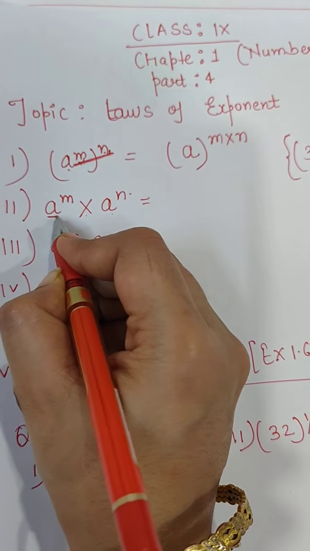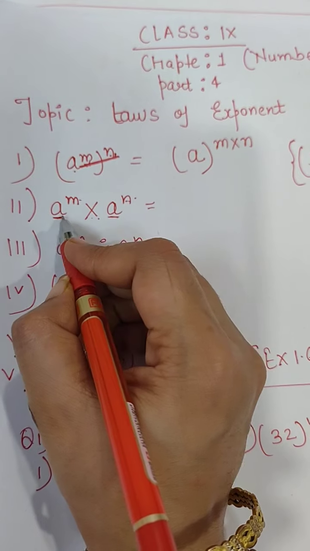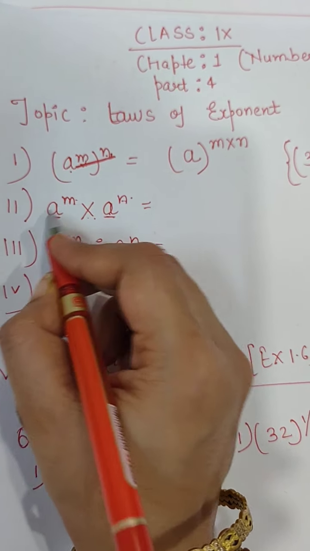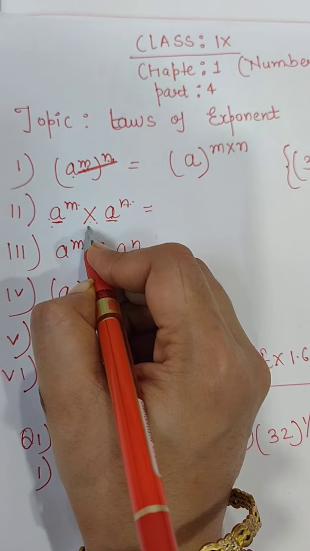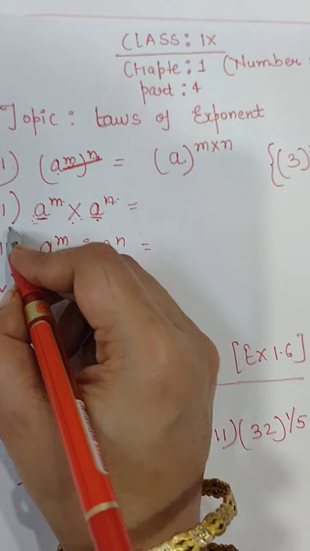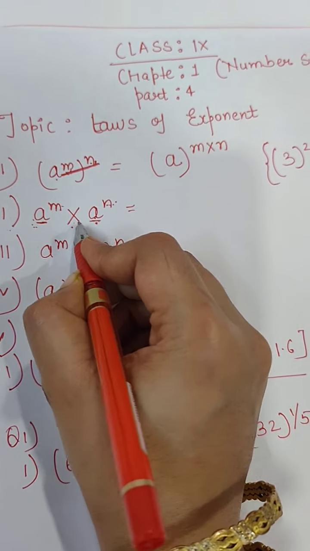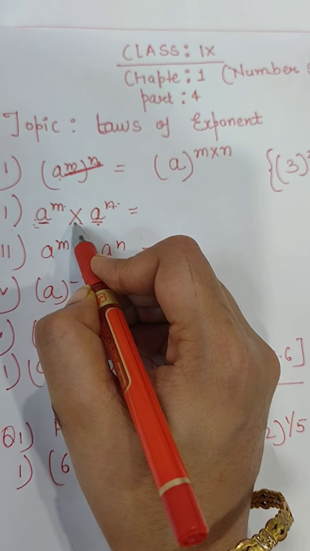Now the second law is a raised to the power m multiplied by a raised to the power n. Here a is the base and m, n are the exponents. When in two terms the bases are same, powers are different, and these two terms are in multiplication, then what is the rule?